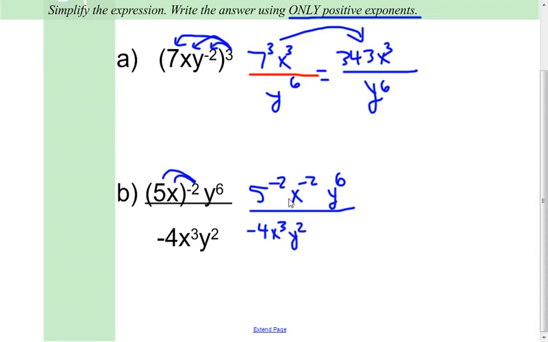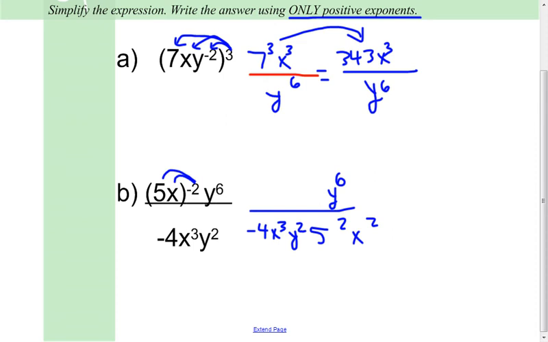Now, we want these two pieces, the 5 to the negative second and x to the negative second, to have positive exponents. So if I pass them over the fraction bar, poof, they now have positive exponents.